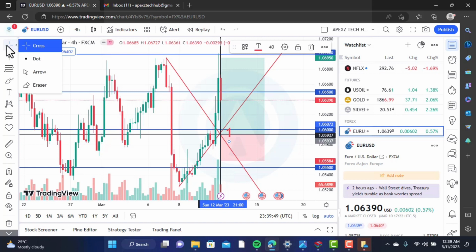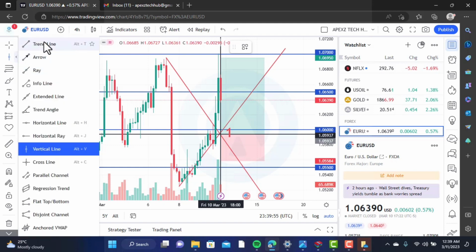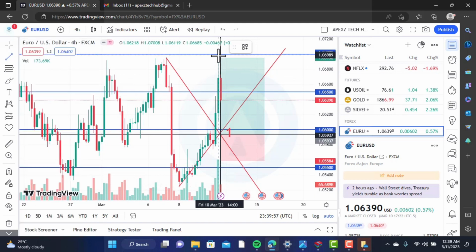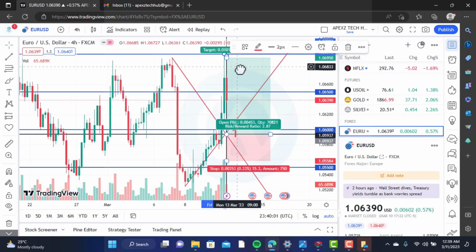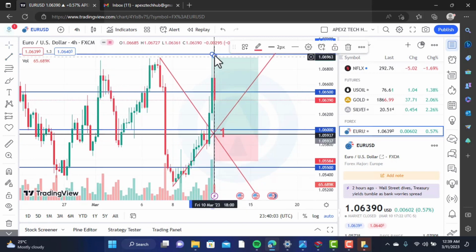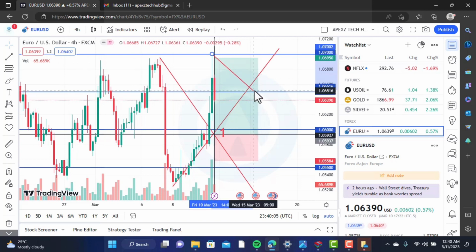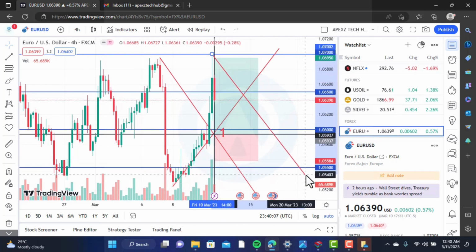Now, the next is, from this point here I have to draw another trend line, from this highest point it went to.